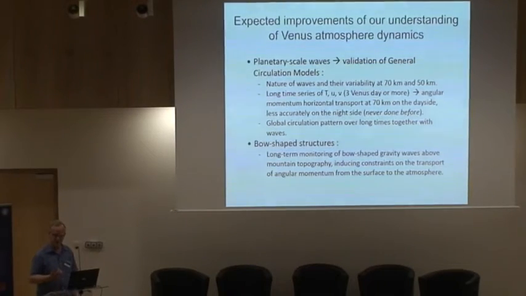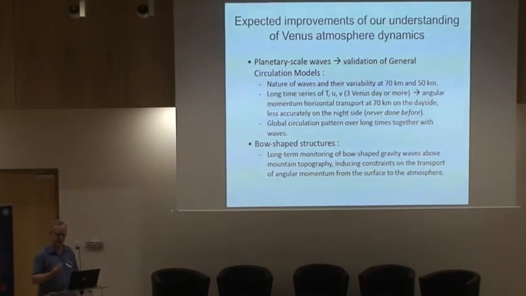And waves can transport momentum, the planetary-scale waves in particular. To understand how this momentum is transported is crucial to validate and improve the general circulation models. So what is the nature of waves and of their variabilities at 70 and 50 kilometers?